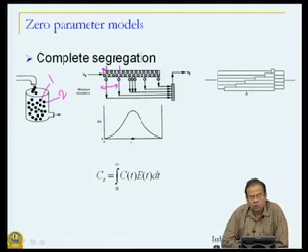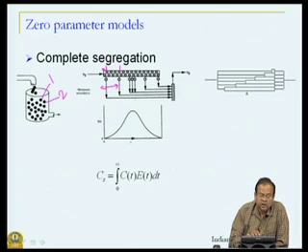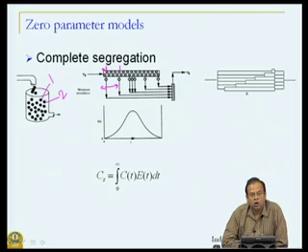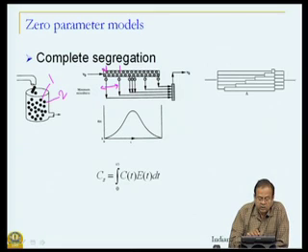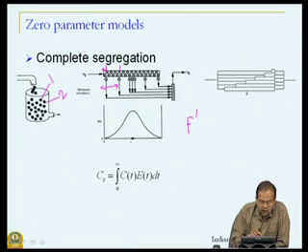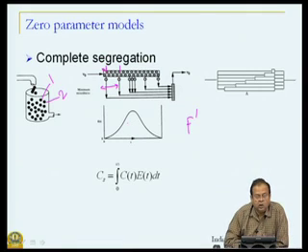In other words, to visualize a situation of complete segregation, I can look at it as a plug flow reactor with exits at different locations along the reactor. And what are these exit flow rates? Suppose I say that F prime is my flow rate at the inlet, then I will reconstruct the flow rates at these different exit points in such a way that my residence time distribution matches what I experimentally observe.